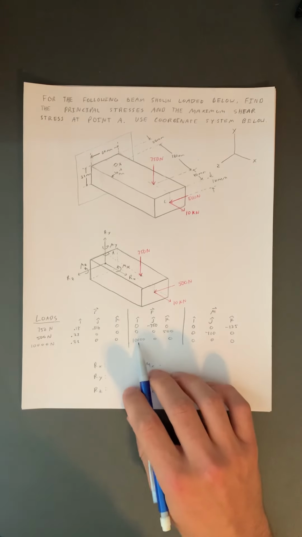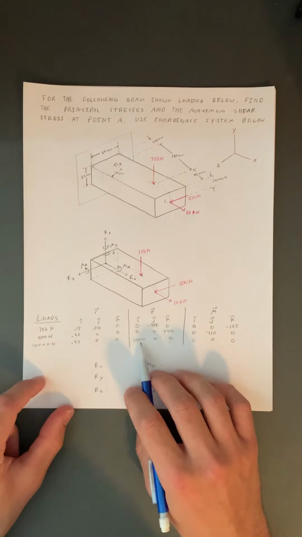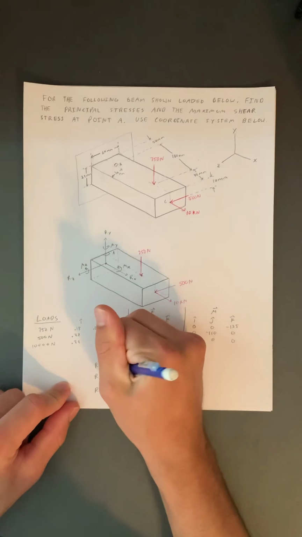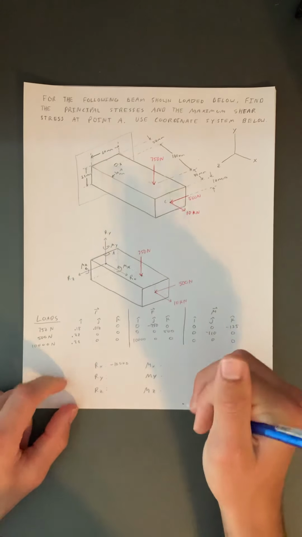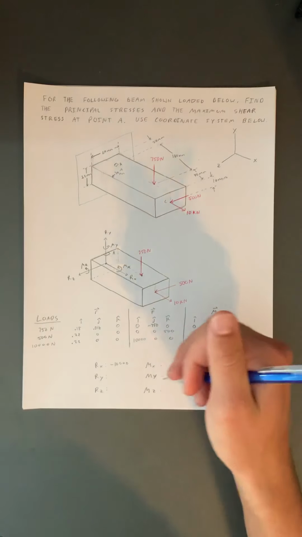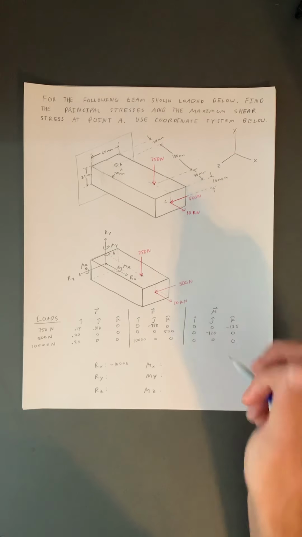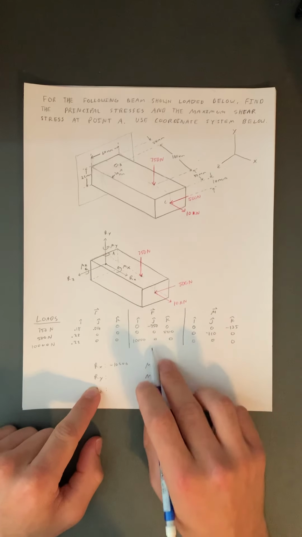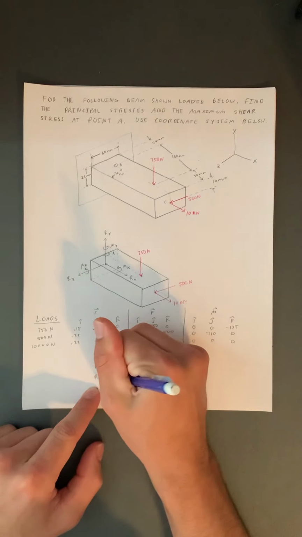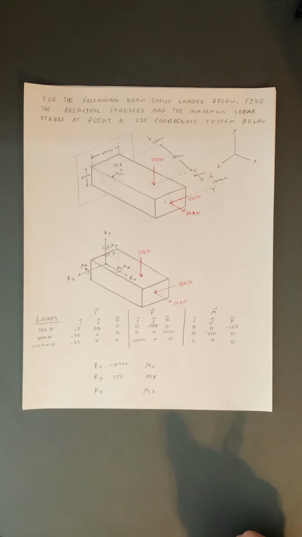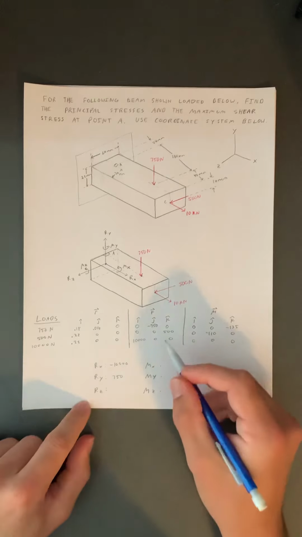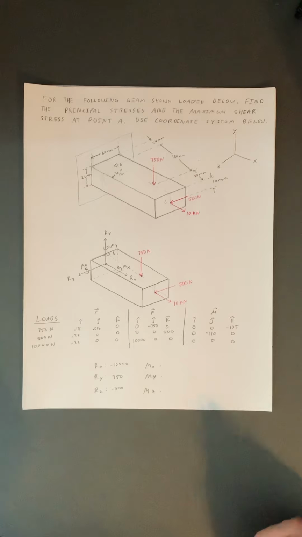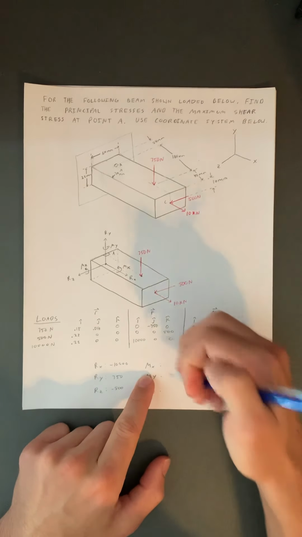So this is showing that there's a 10,000 Newton force in the x direction, so there's going to be a negative 10,000 reactionary force that creates equilibrium. And then same thing for y. There is a negative 750 Newton force in the y direction, so we have a positive 750 Newton reactionary force in the y direction. Same with the k, we get negative 500. Same thing applies there.